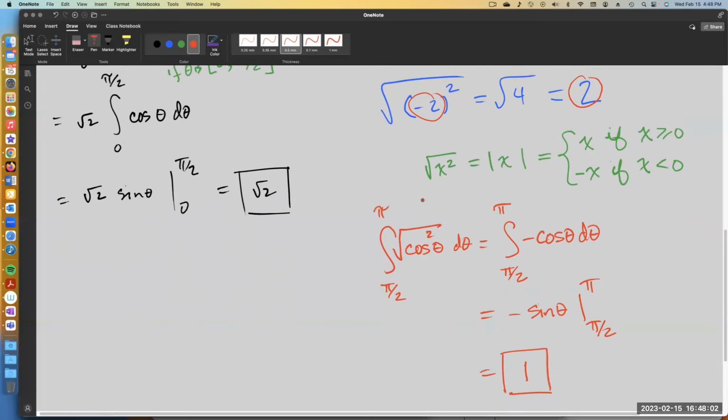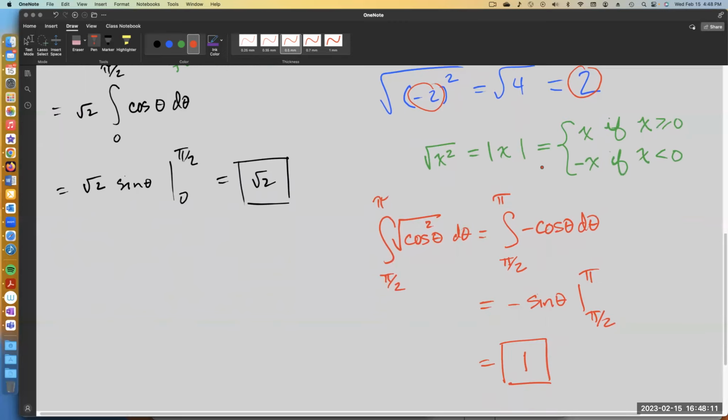What if we had limits of integration that spanned both positive and negative cosine? Yeah, so if you have something like that, then you have to break your integral apart. Just like this piecewise defined function here, if the function inside here can be both positive and negative when you're dealing with it, then you have to break it into 2 pieces.